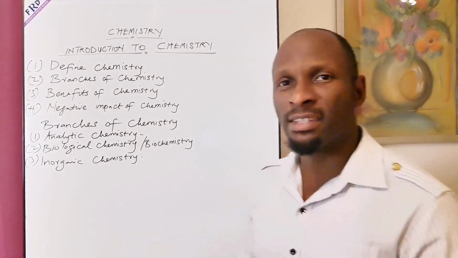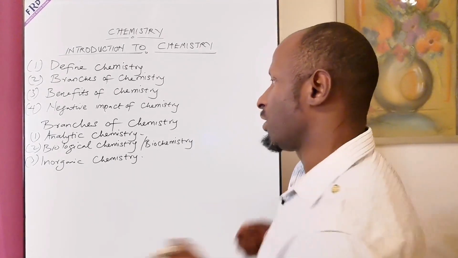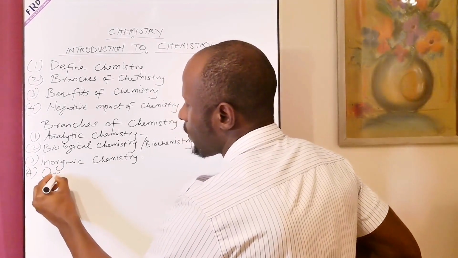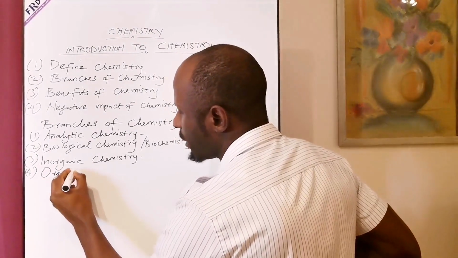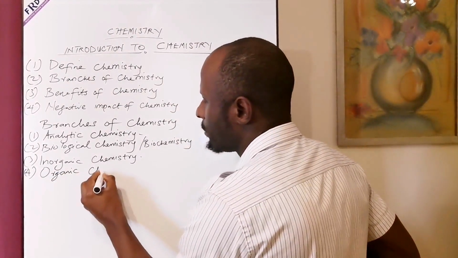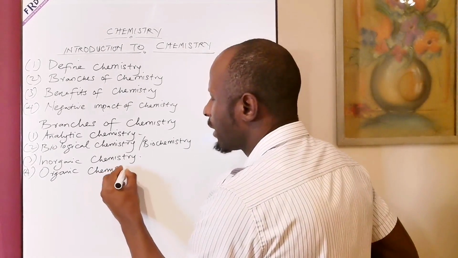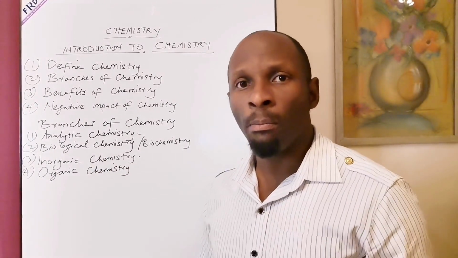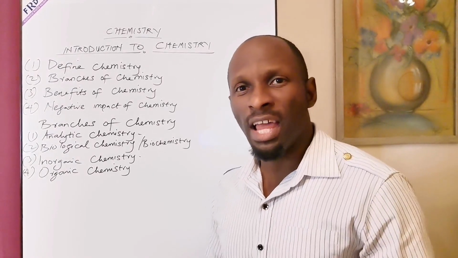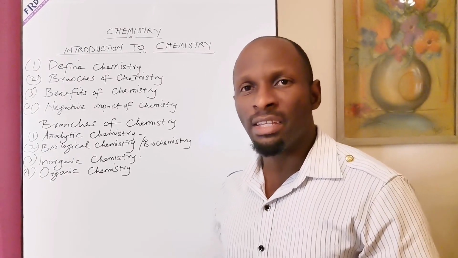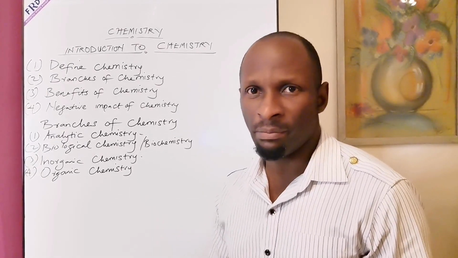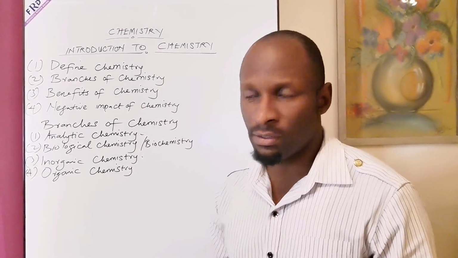Now, there is a different branch of chemistry for carbon and its compounds, and that particular branch of chemistry is known as organic chemistry. Organic chemistry studies carbon and its compound. That is where you see the likes of what? Alkane, alkene, alkyne, and the rest of them. The alcohols.